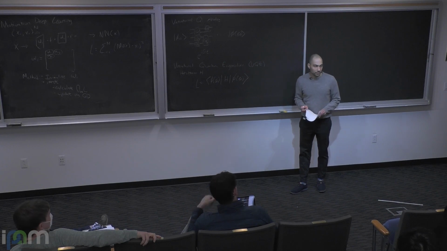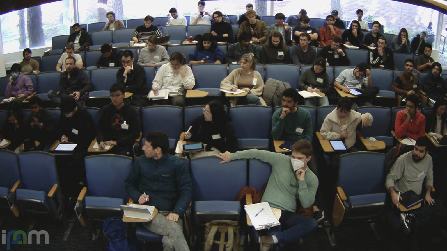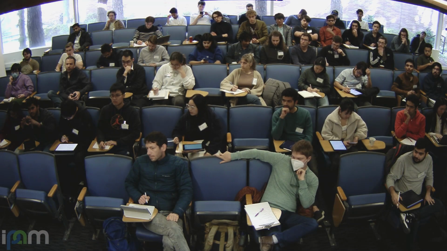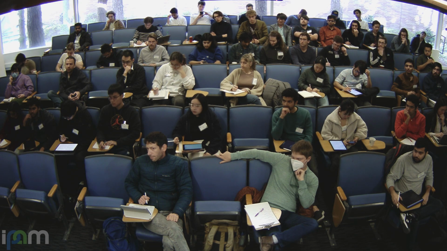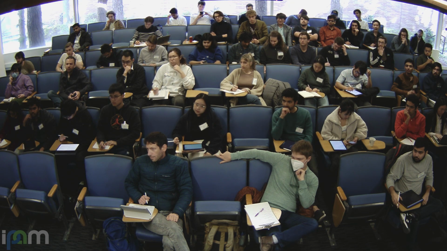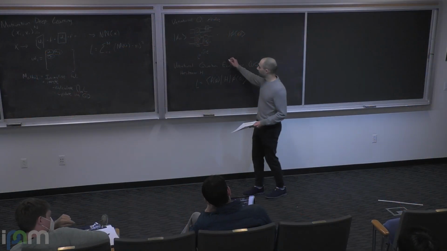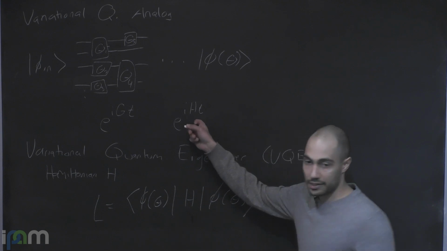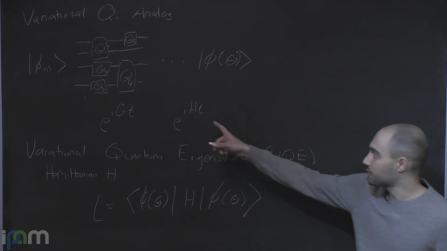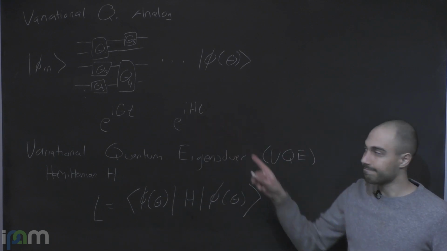Also, the parameters that you're putting into the circuit, are you encoding the Hamiltonian in the circuit? This Hamiltonian? Yes. You could. So if you have a gate like e to the i H t, you can make this one of your parameterized gates where we just parameterize with t here.